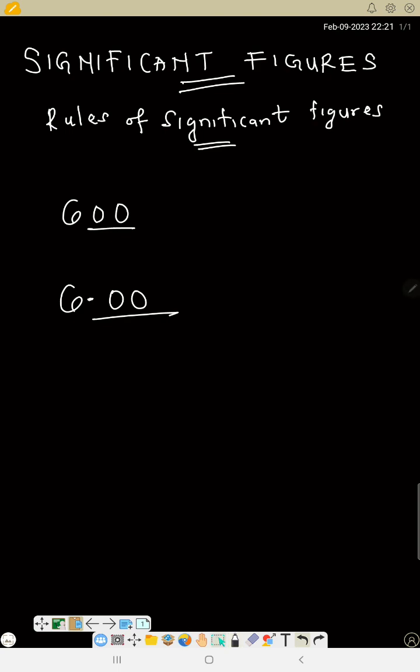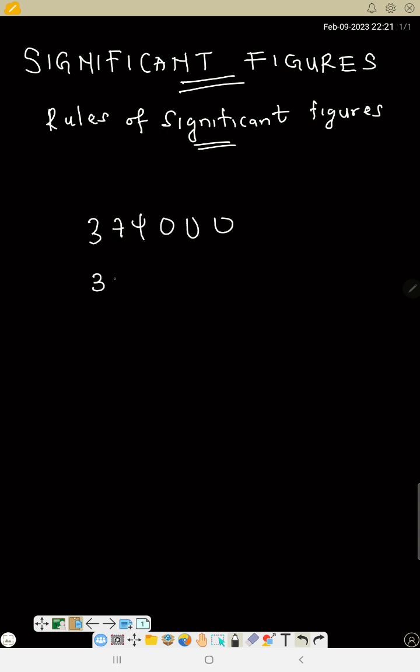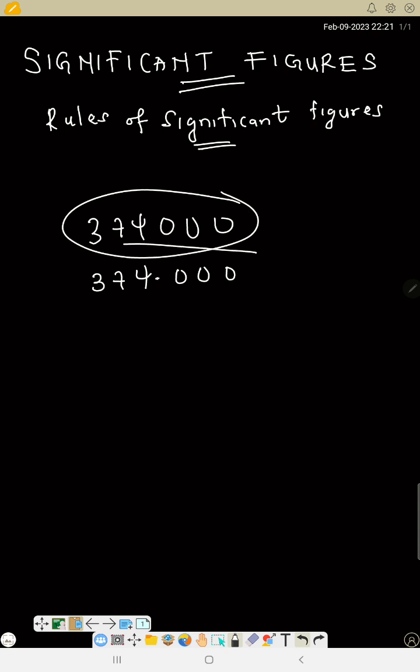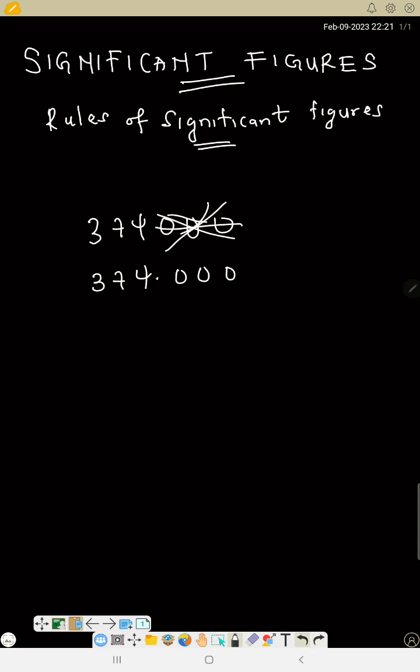Now for example, if I have 37400 and I have 374.000, how many significant figures is each? Now, without a point, all these zeros are not significant.